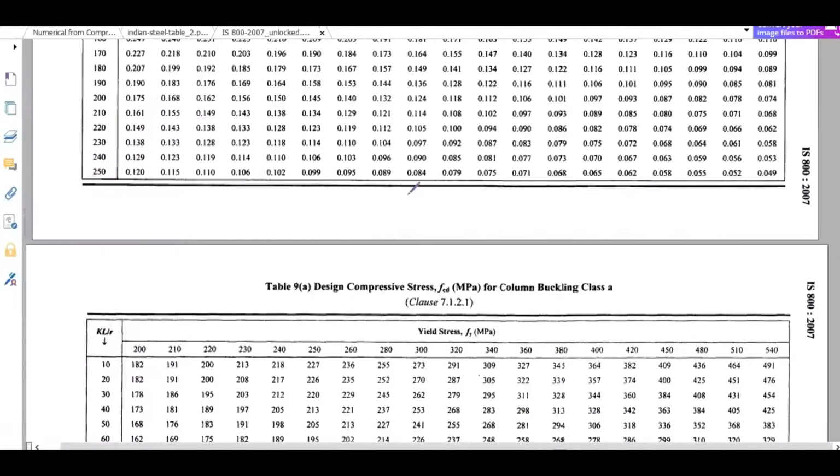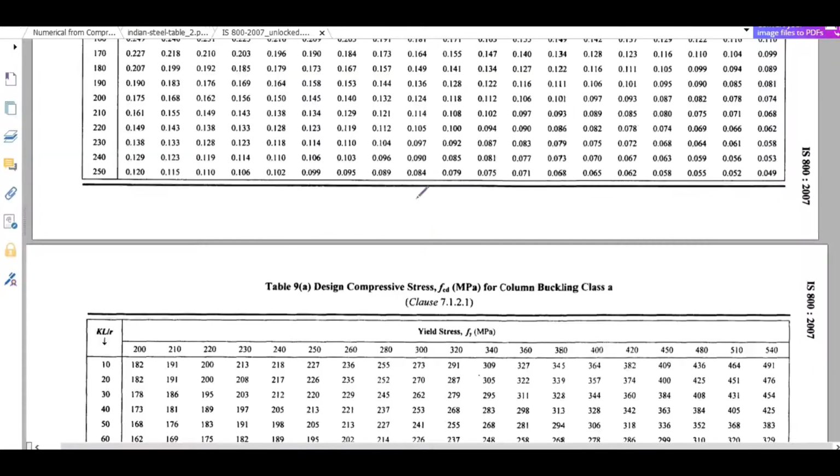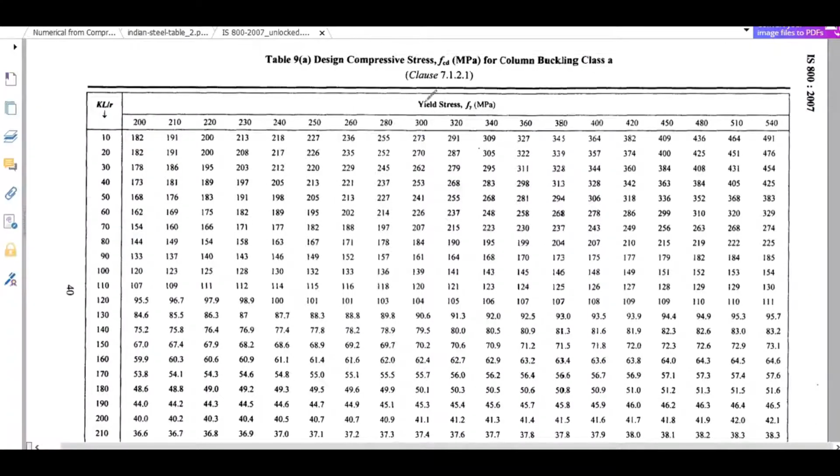Now we can use this table to find this fcd. After finding this fcd, you can multiply it with the area and you will get the total load carrying capacity of the section. Now to use this table, what is needed is the yield stress of the steel and the slenderness ratio KL by r.